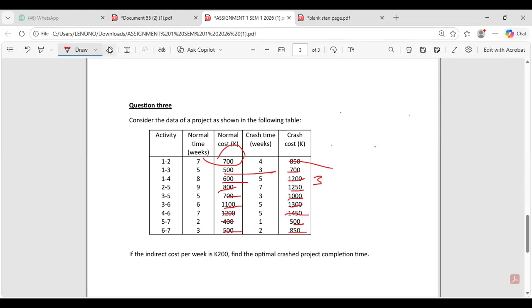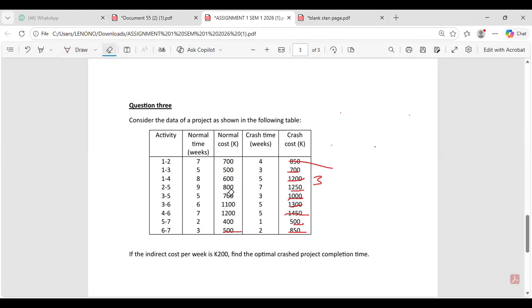This is how we find the cost difference.